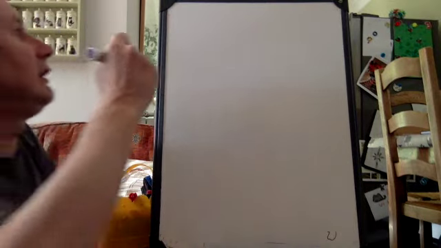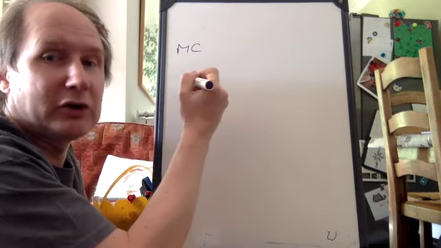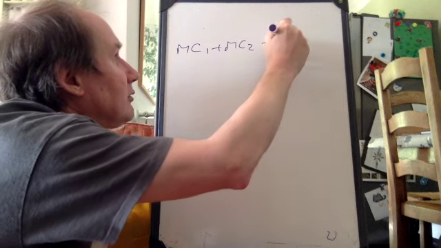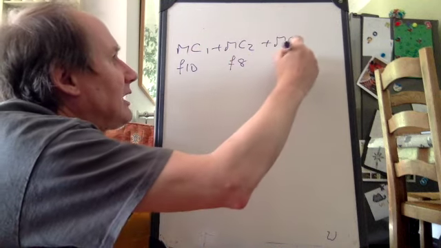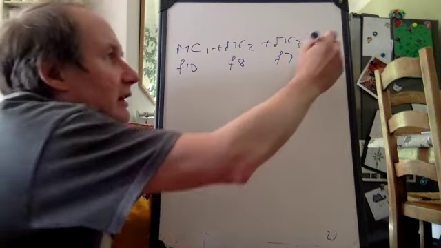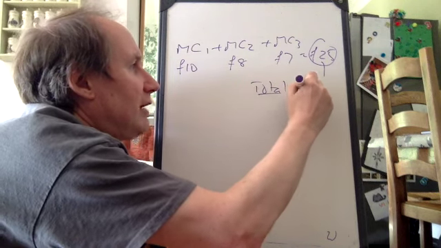Therefore, I'm also going to need to say that marginal costs are a type of variable cost. If I take the marginal cost of the first unit and the second and the third, say 10, 8, and 7, then I'd have £25. That £25 is called total variable cost.